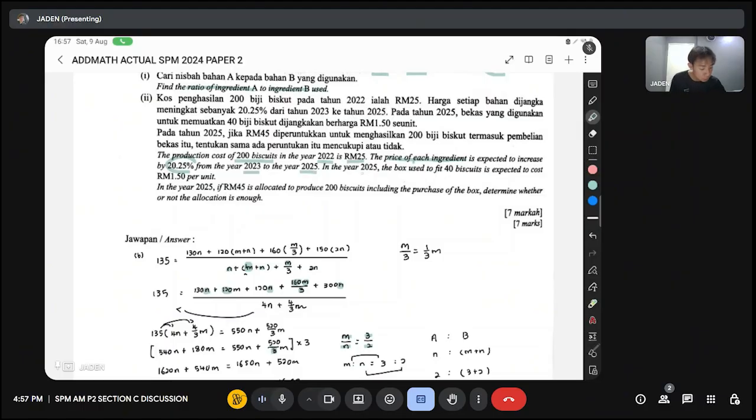In the year 2025, the box used to feed 40 biscuits is expected to cost 1 ringgit 50 cent per unit. And then in the year 2025, 45 ringgit is allocated to produce 200 biscuits, including the purchase of the box. Determine whether or not the allocation is enough.